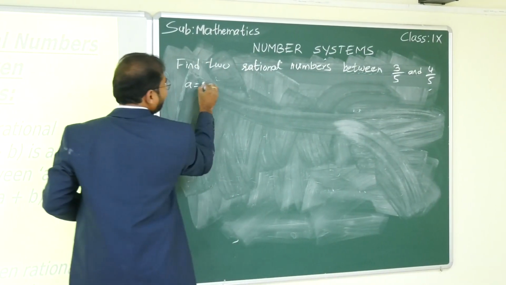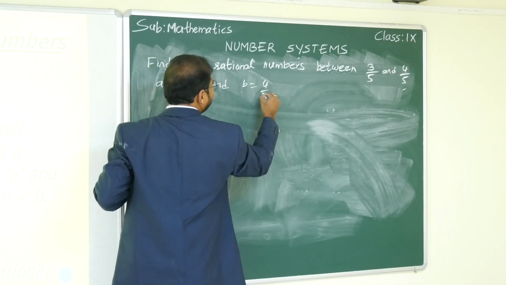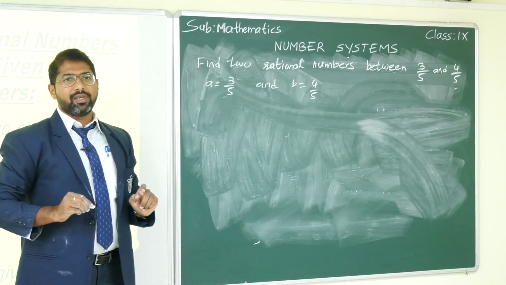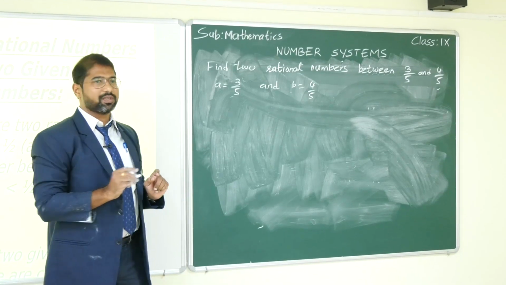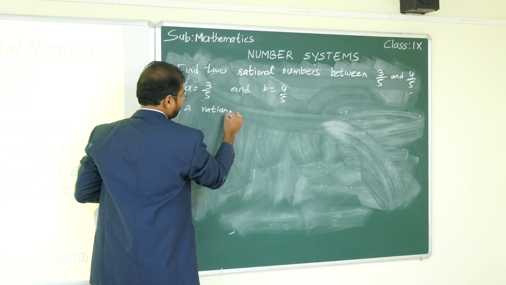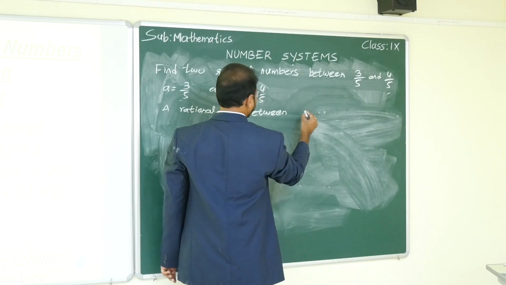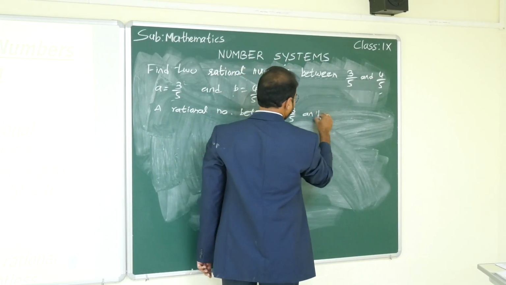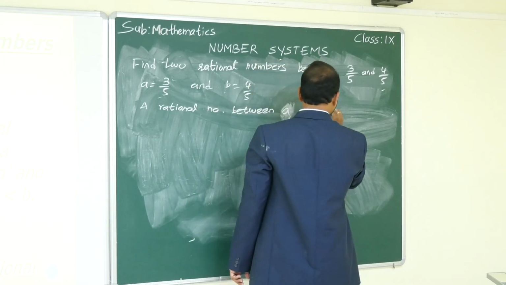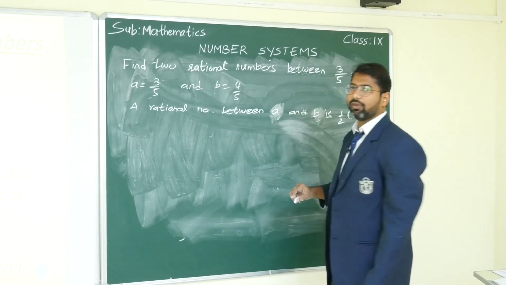Here A is equal to 3 by 5 and B is equal to 4 by 5. Therefore the rational number between A and B is, according to the formula, half of A plus B. Let me write the formula.